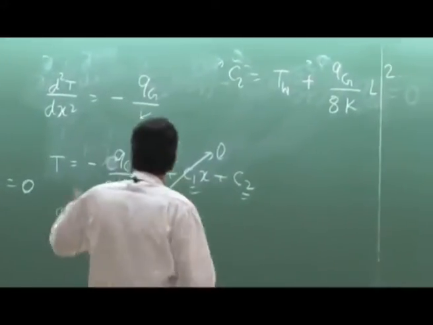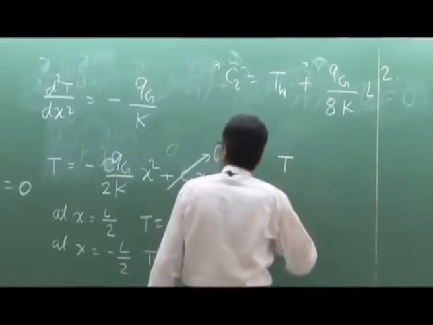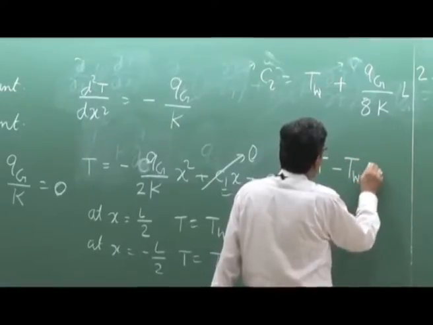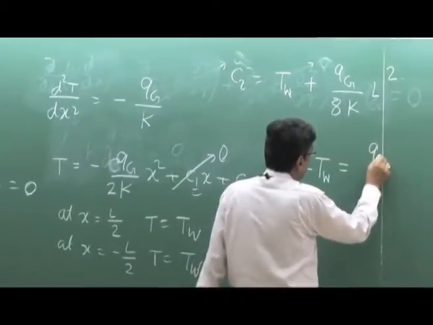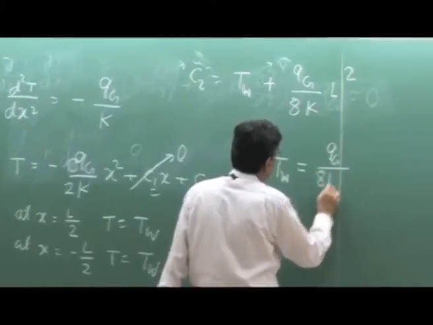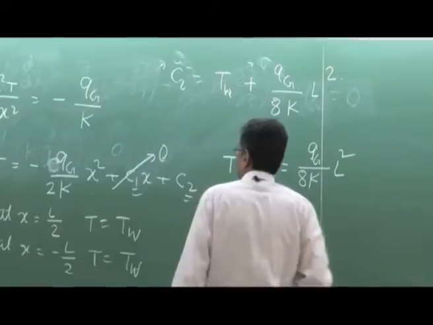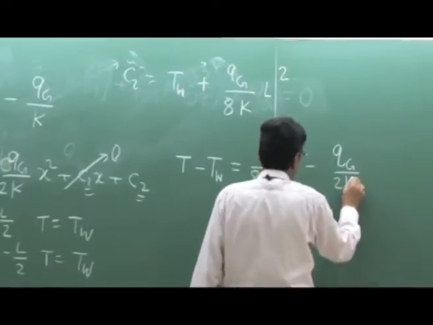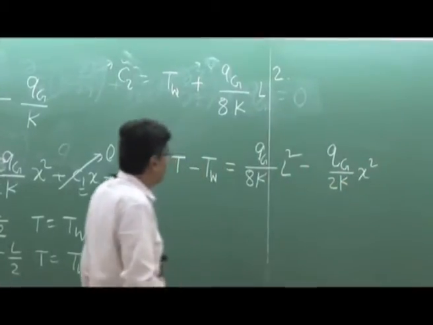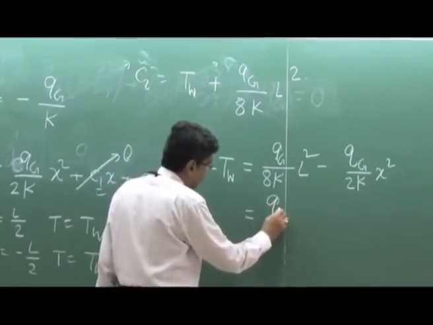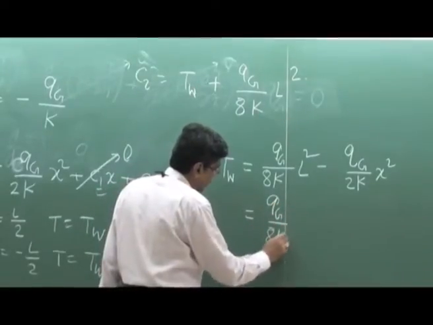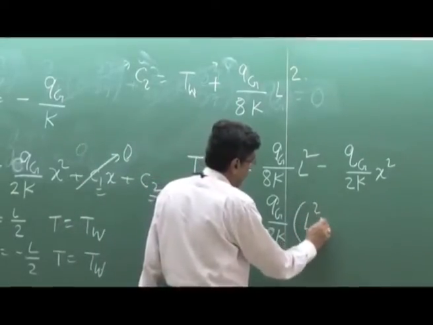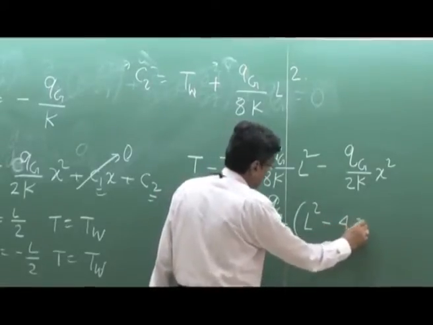Then the final temperature distribution: now if we put C2 here, T minus TW is equal to QG by 8K L square minus QG by 2K x square, which we can write in this fashion: QG by 8K, taking this common, into L square minus 4x square.